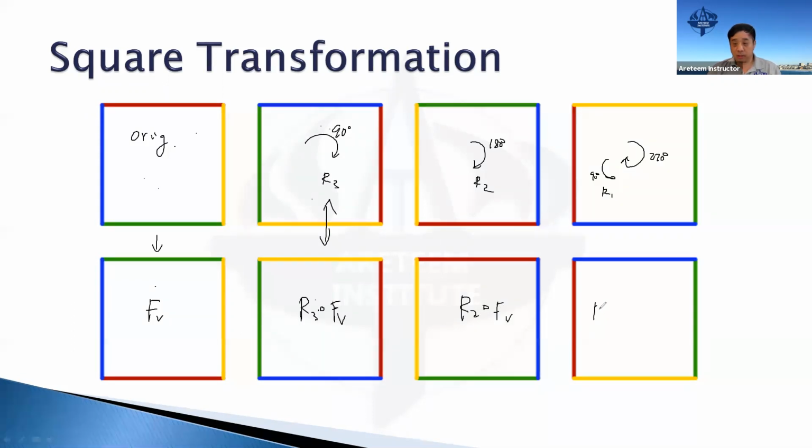And this is R1 combined with the flip. R was counterclockwise, that's why I say this is R1, this is R3. Counterclockwise and clockwise R2 are the same.